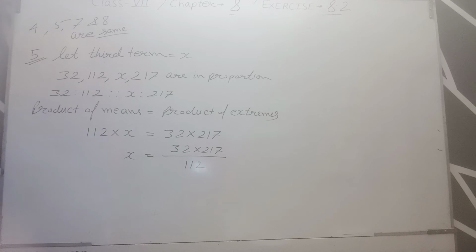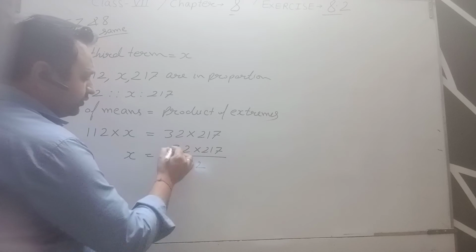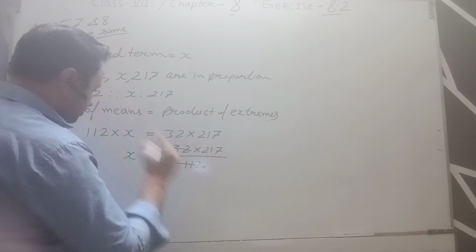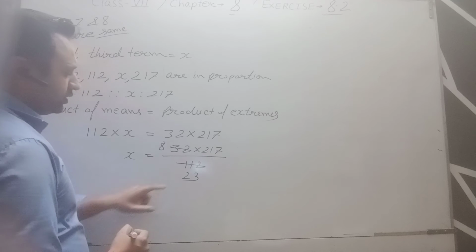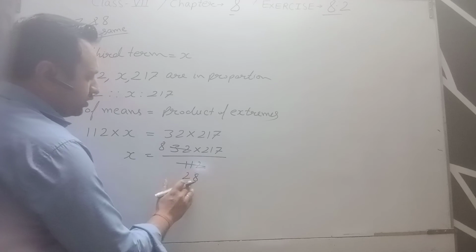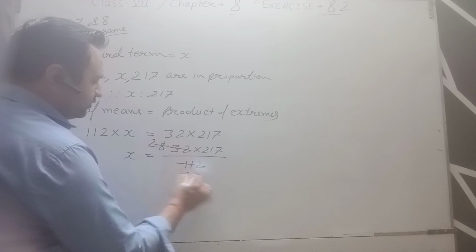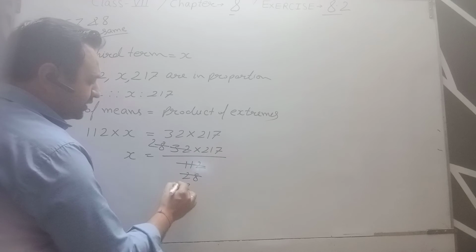Firstly we cut these numbers: 32 and 112 both are divisible by 4. 4 8s are 32, 4 2s are 8 and 4 3s are 12... Now 28 and 8 both are divisible by 4. 4 2s are 8, 4 7s are 28, and 217 is divisible by 7.